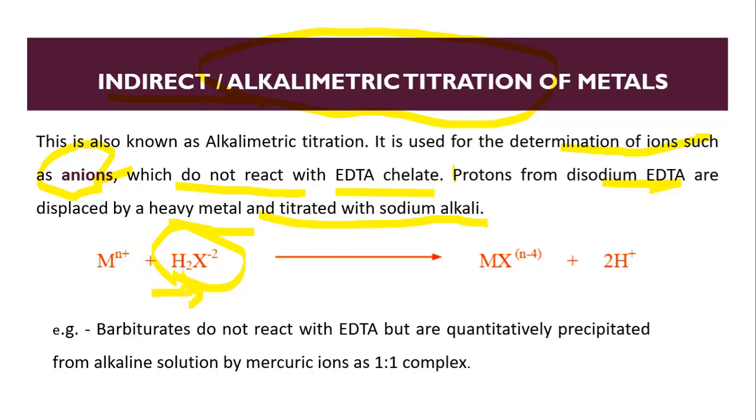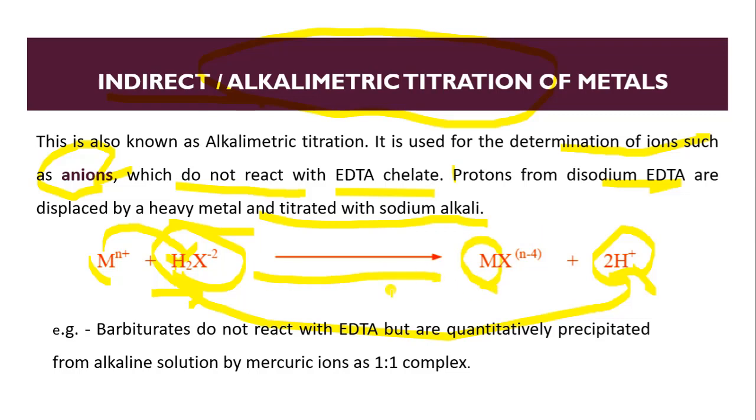Here we are adding protons. This is our metal ion. When this metal reacts with EDTA, the H2 will be displaced, and the amount of H2 displaced will decide the amount of metal which reacted. So this is how this reaction occurs.